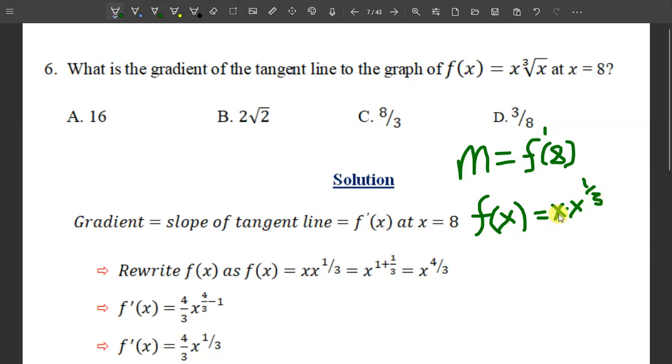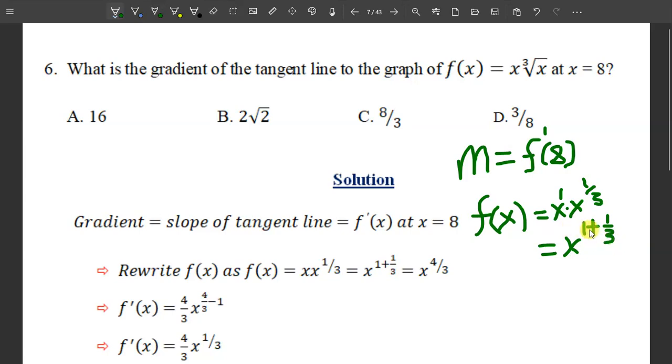Then for the product of these two x, take one of the bases only, since x can be written as x to the power of 1, then add the exponents. By the rule of exponents, we can write x to the power of 1 plus 1 over 3. The sum of the two also gives us 4 over 3.